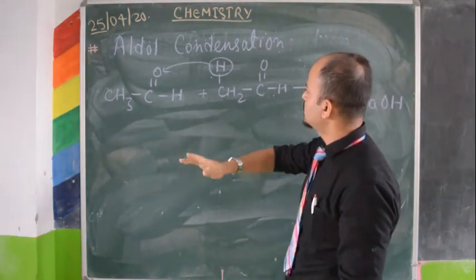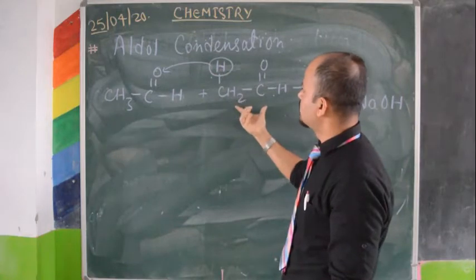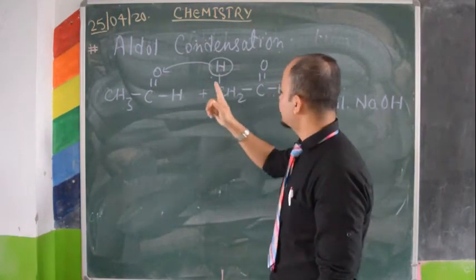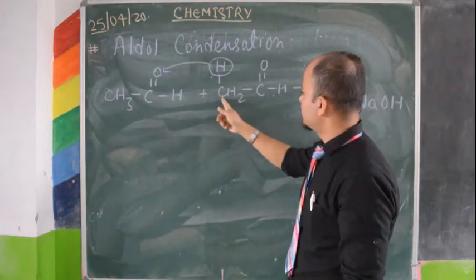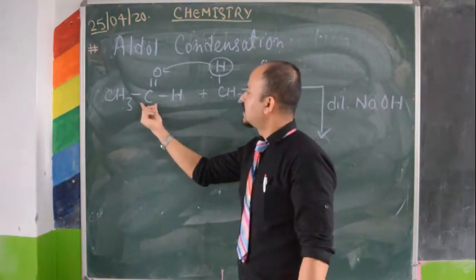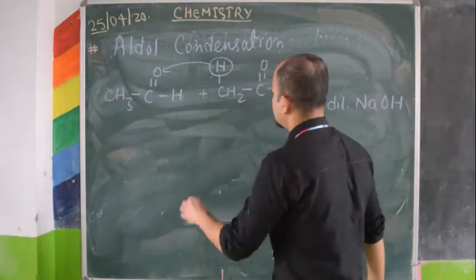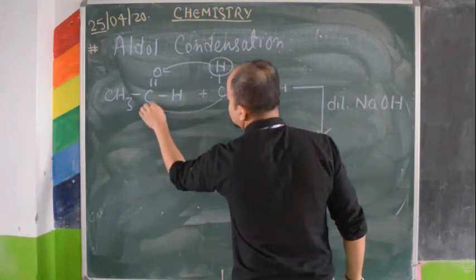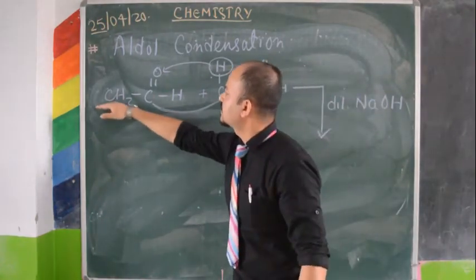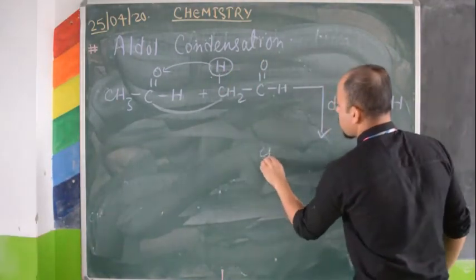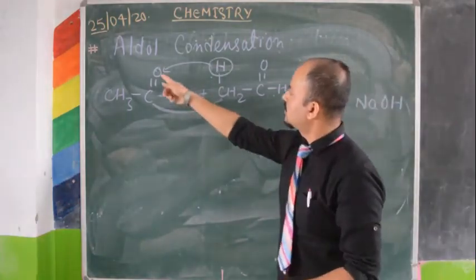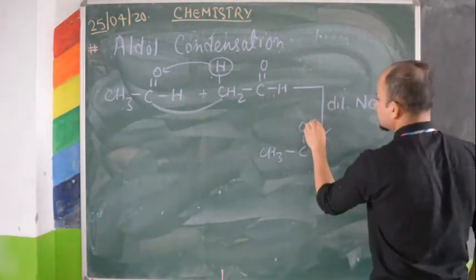So let me repeat it once again. The alpha hydrogen from another molecule will go and get bonded to the oxygen, and this alpha carbon will be bonded with this carbonyl carbon of another compound. So a bond formation takes place between these two carbons. Now let me write the reaction. So I'm starting with this part. CH3 CO. Now to this oxygen add hydrogen, OH.